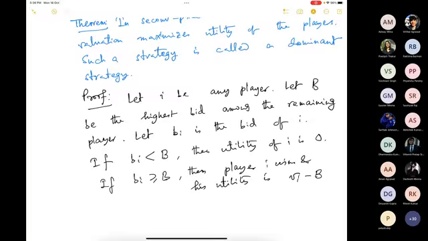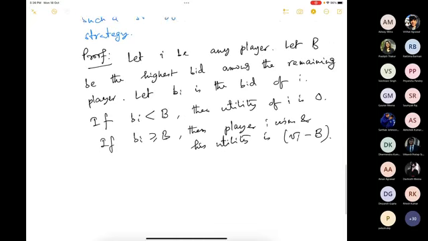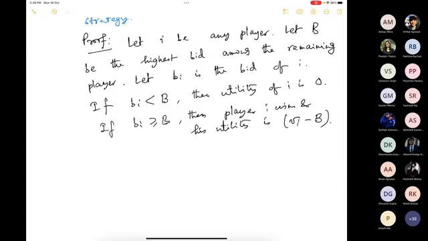Payment is B, capital B. This is utility. Okay. Now we will show that setting Bi equal to Vi guarantees that highest utility is achieved.